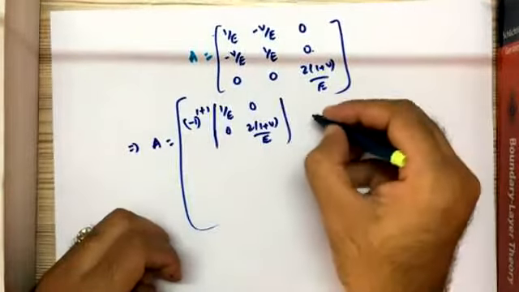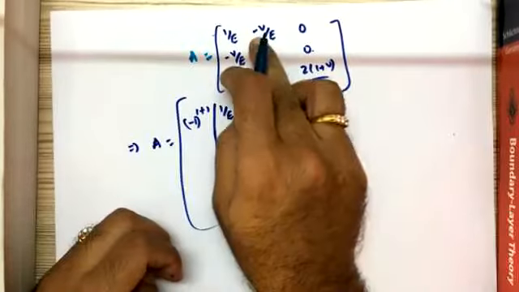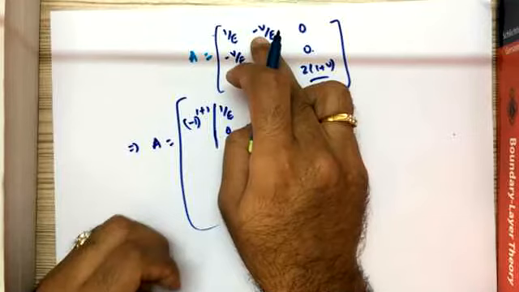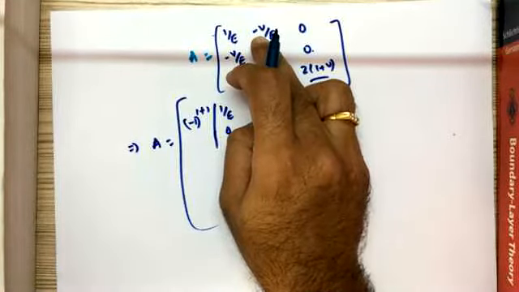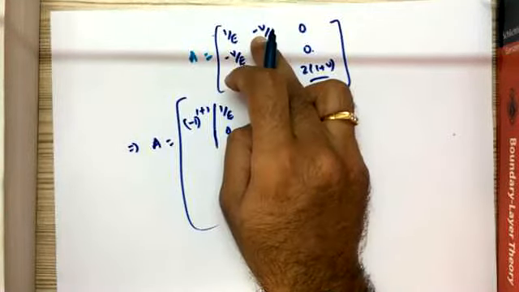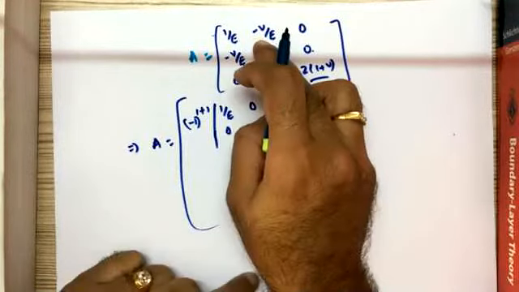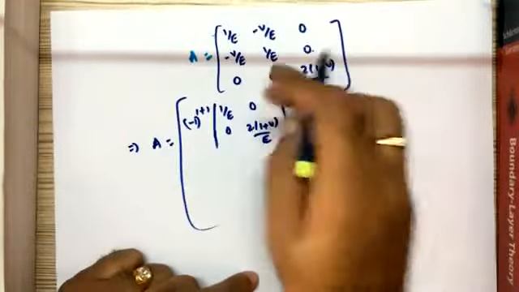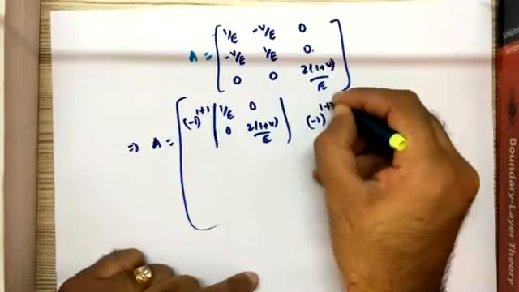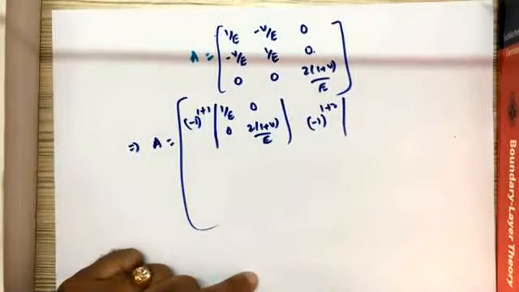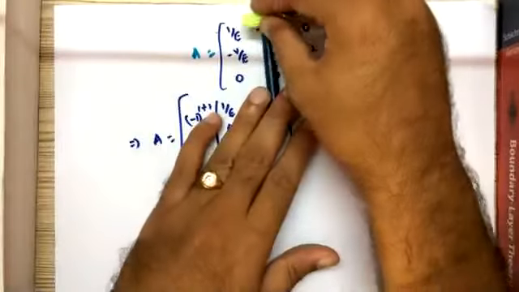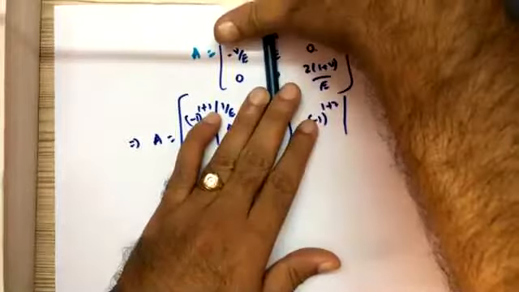Again, minus 1 whole power of the second element. What is the row number of the second element? 1. What is the column number of the second element? 2. First row, second column. So minus 1 whole power 1 plus 2. You eliminate that particular row and column.